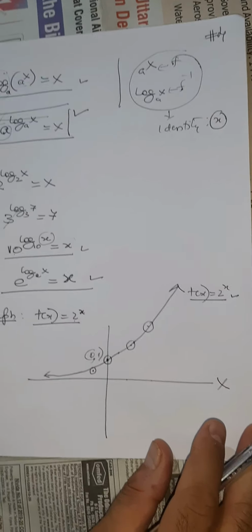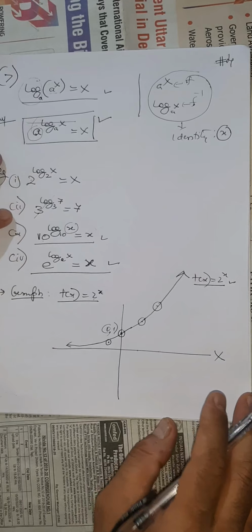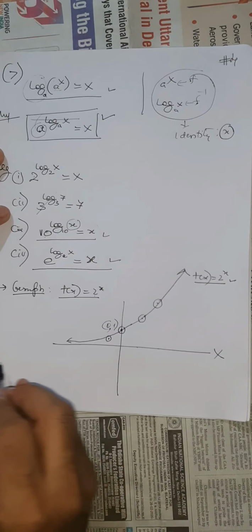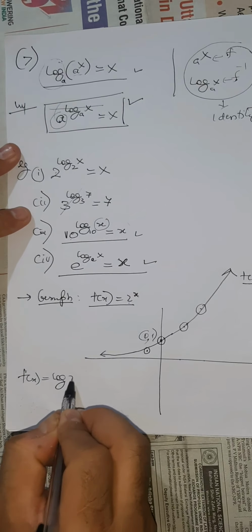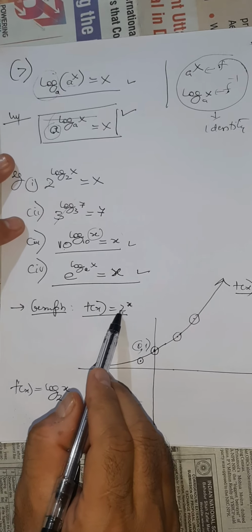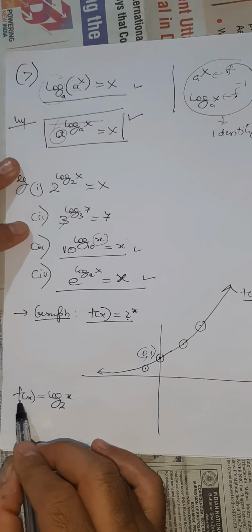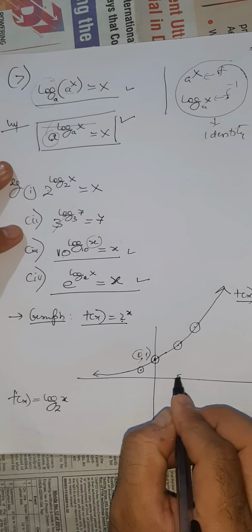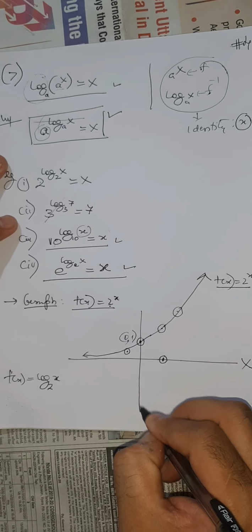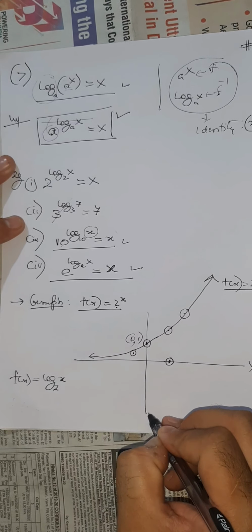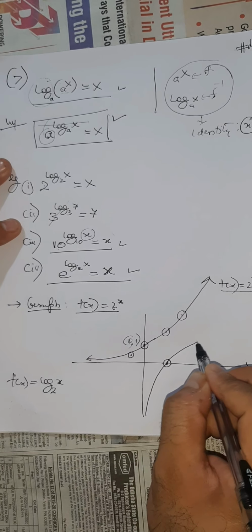And now if I draw the graph of the log function, for example f(x) equals log x to the base 2, same I'm taking, you can take 2, 3, anything, remember. If I put 1 here, then you know it is 0, so (1, 0) here. The other values you can get by doing the exponential, but it would be like this. It passes through (1, 0).